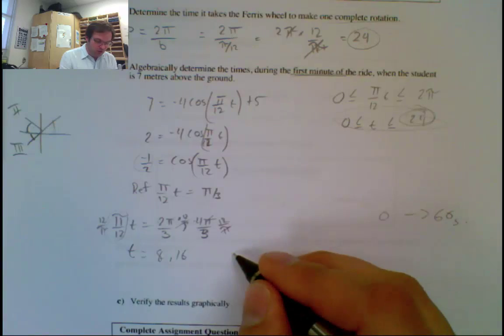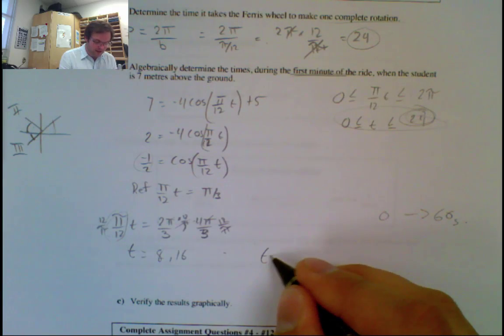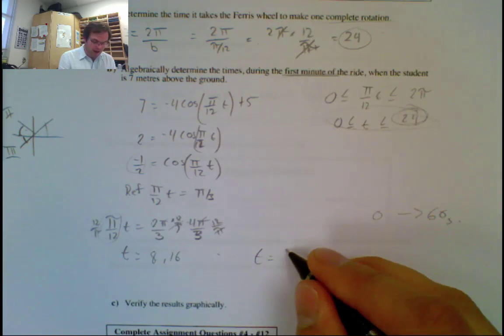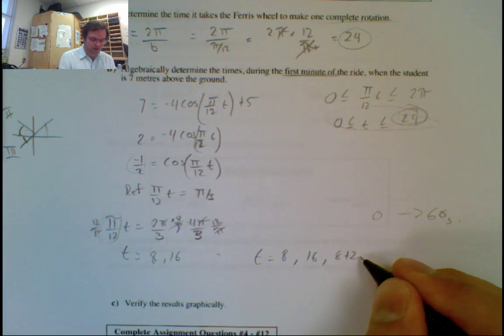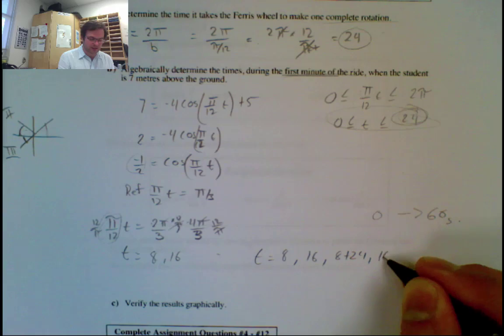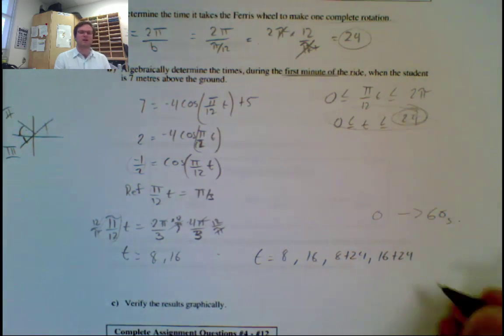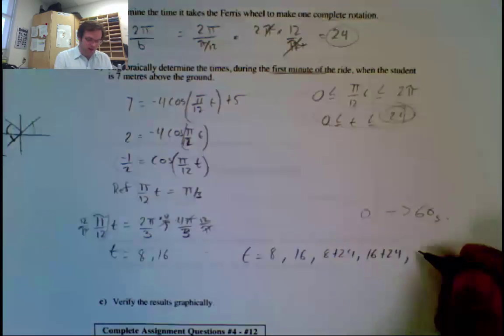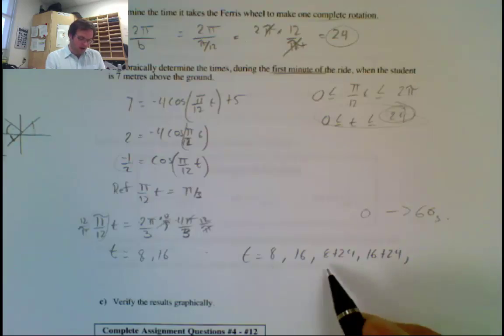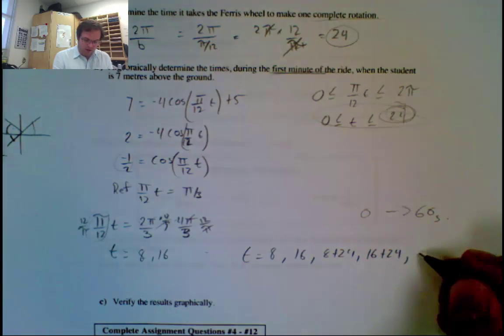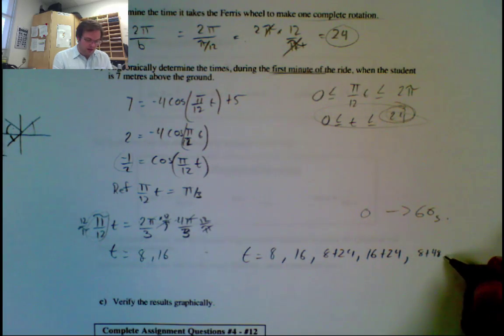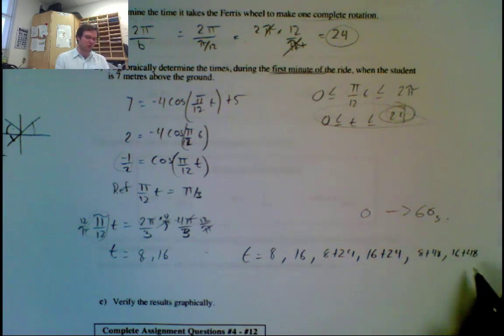So my solutions could be t equal to 8, 16, and then 8 plus 24, then 16 plus 24, because we're just adding periods. Then we could add 2 periods, so I could have 8 plus 48 and 16 plus 48, and I'm pretty sure that's going to be bigger.